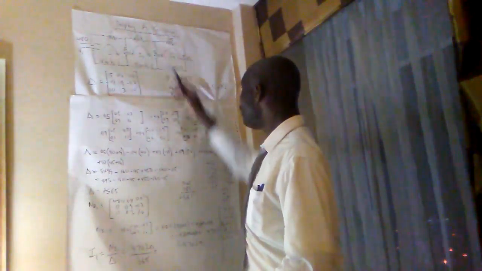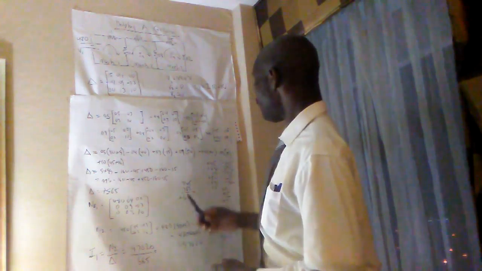All right, when we return, we'll calculate current I2 and current I3. I2 will be the current for mesh 2 and I3 will be the current for mesh 3. I2 will be equal to NI2 over delta, and I3 will be equal to NI3 over delta.